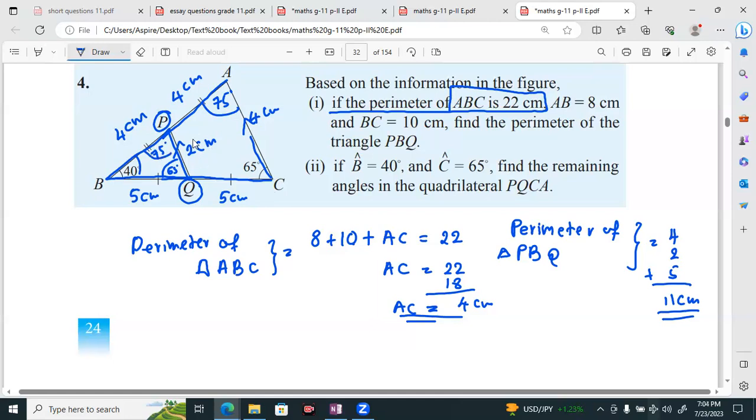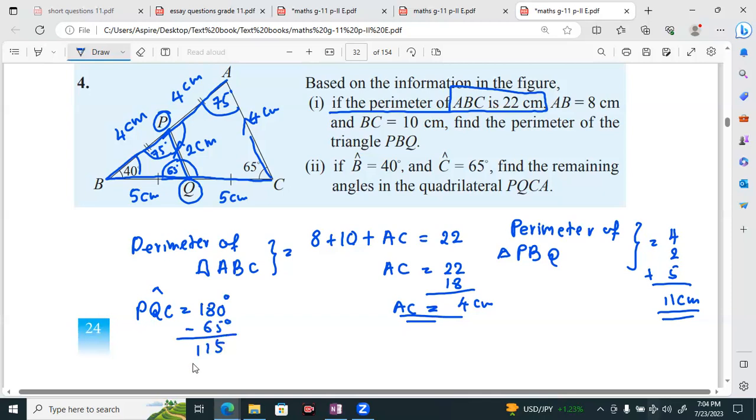Or you can take the sum of the allied angles equals 180. Okay. You can also use allied angles here, or you can find it using the sum of angles on a straight line segment. PQC can be obtained by subtracting 65 from 180.